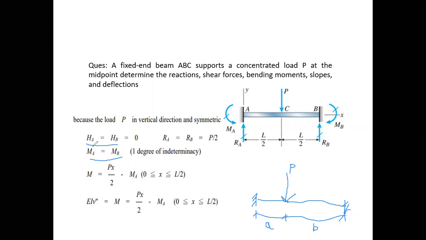So also HA will not be equal to HB. So this was a case of a symmetrical beam, but in case of an unsymmetrical beam, the condition will not be like this.